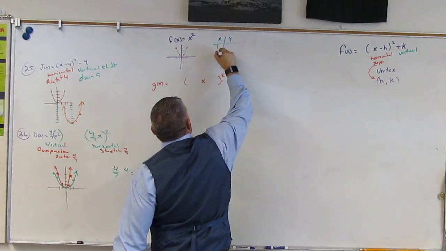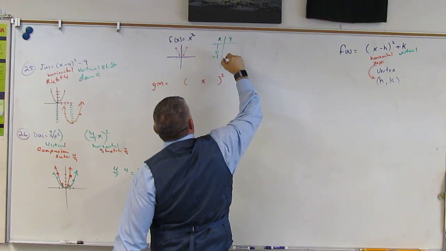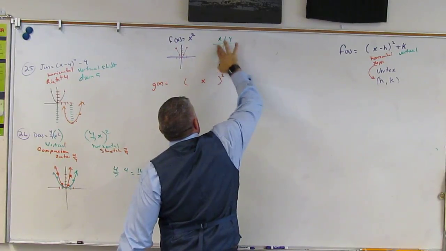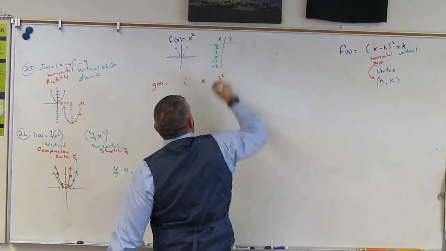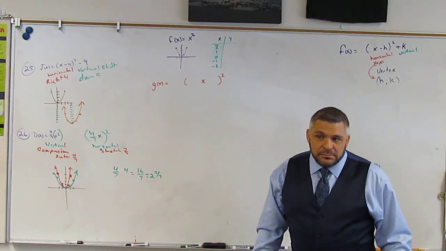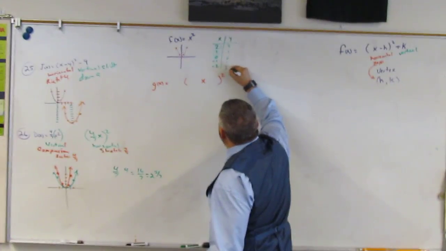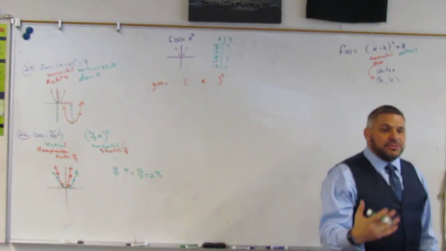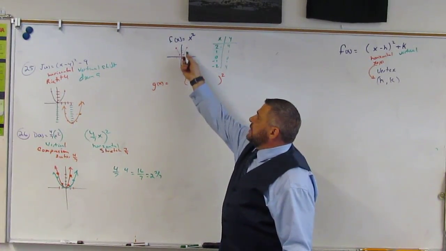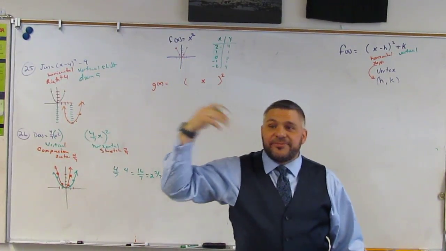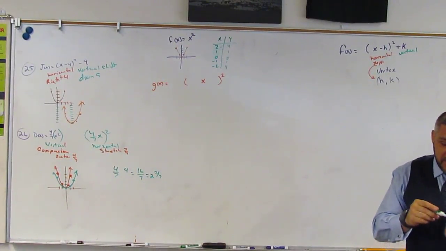X is 2, 1, 0, -1, -2, whereas we have 4, 1, 0, 1, and 4. Those are your answers, those are your outputs. If you put in 2, you're going to get 4, because 2 squared is 4. If you put in 3, you're going to get 9. Does that make sense? Okay?